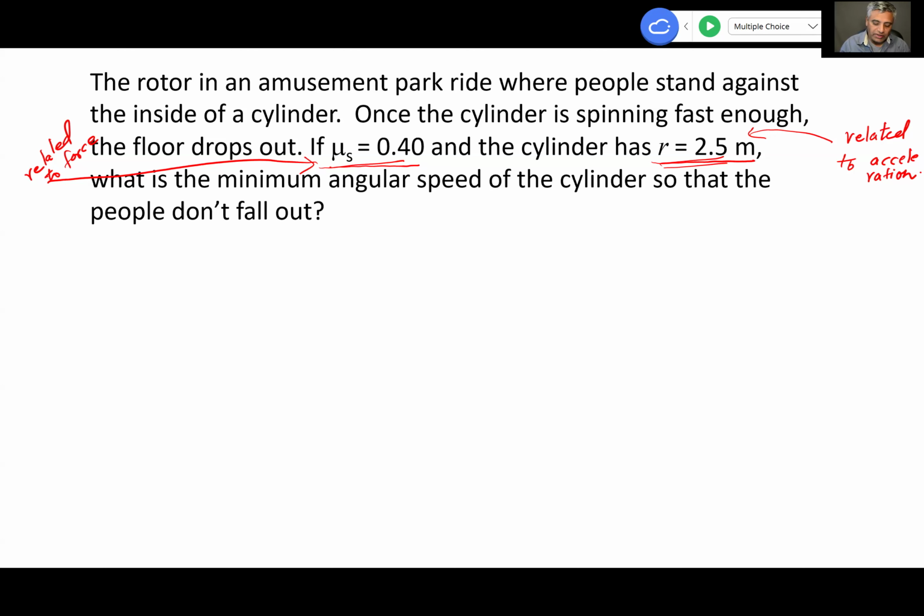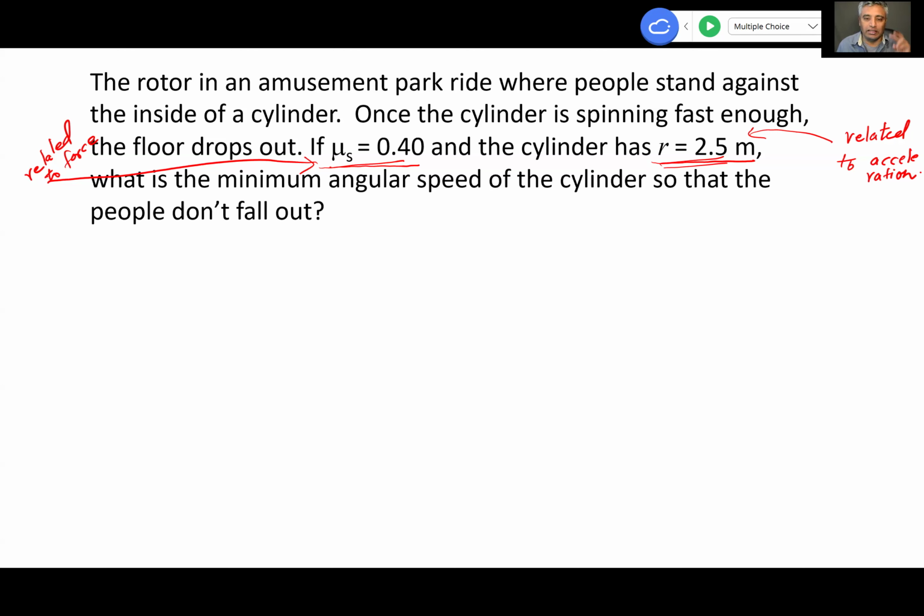So this question has information about friction force and the radial acceleration. That tells me we can use Newton's law to solve this problem because force and acceleration are related by Newton's law. Okay. So that's how, as the first step, you need to identify what concept to use.